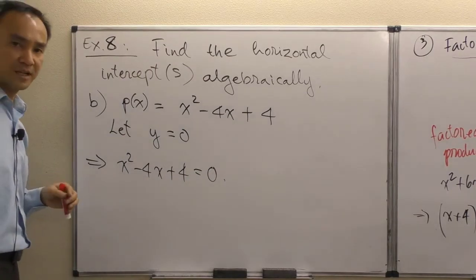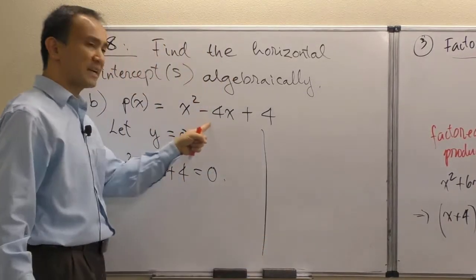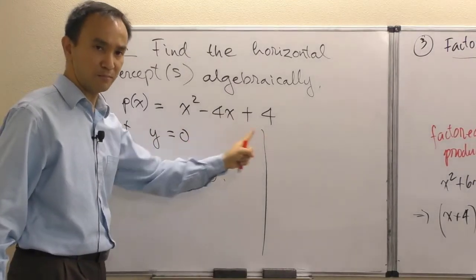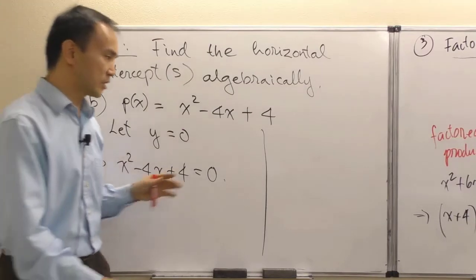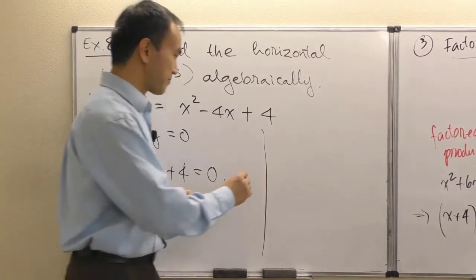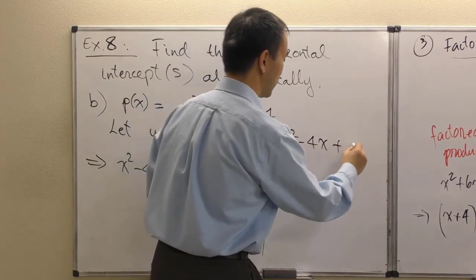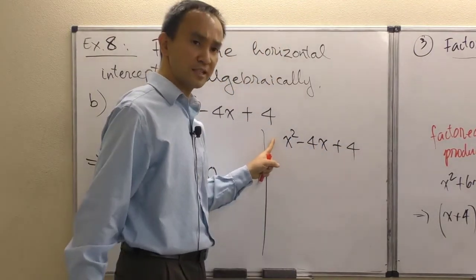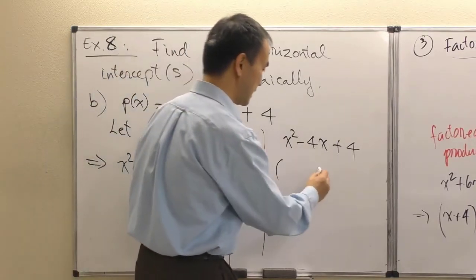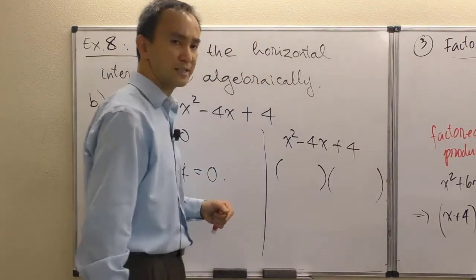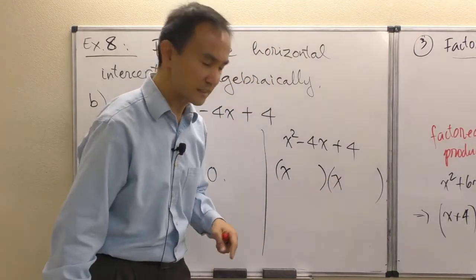Now let's spend some time finding the factor form of this polynomial. Like I said, we're going to go with the factoring method, as sort of side work. So x squared minus 4x plus 4. It's still a leading coefficient of 1, so nothing is easier than producing two pairs of parentheses with an x in each.